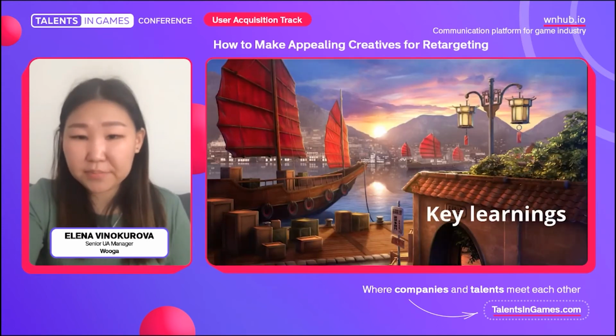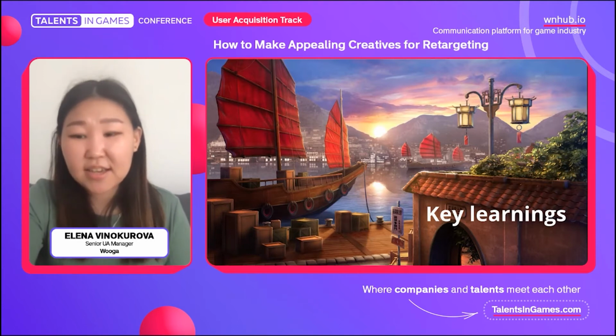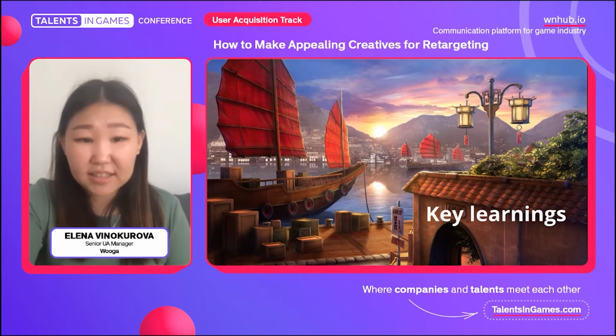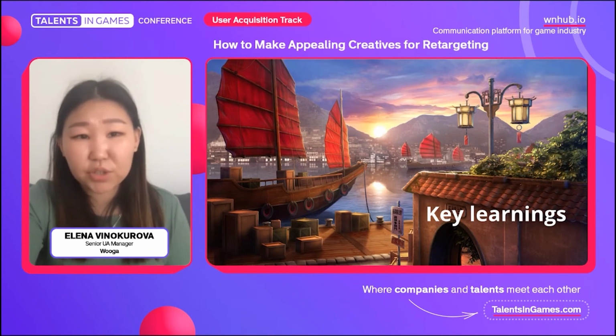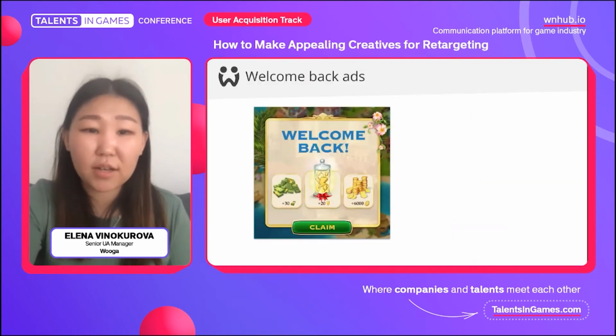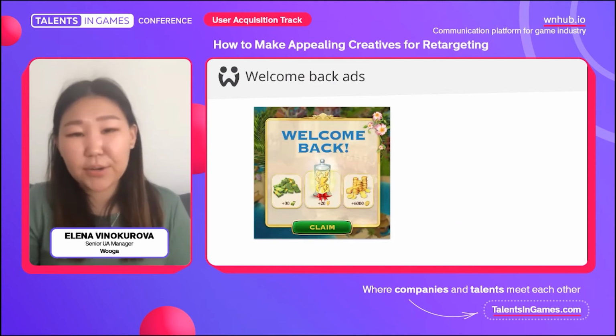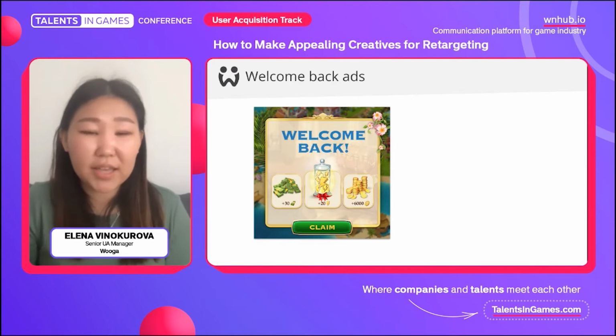So I shared some numbers we use for the analysis, and based on those numbers, I want to share the key findings from our previous experiments. First of all, as I already mentioned, we have a welcome back gift, which we are running inside of our game.